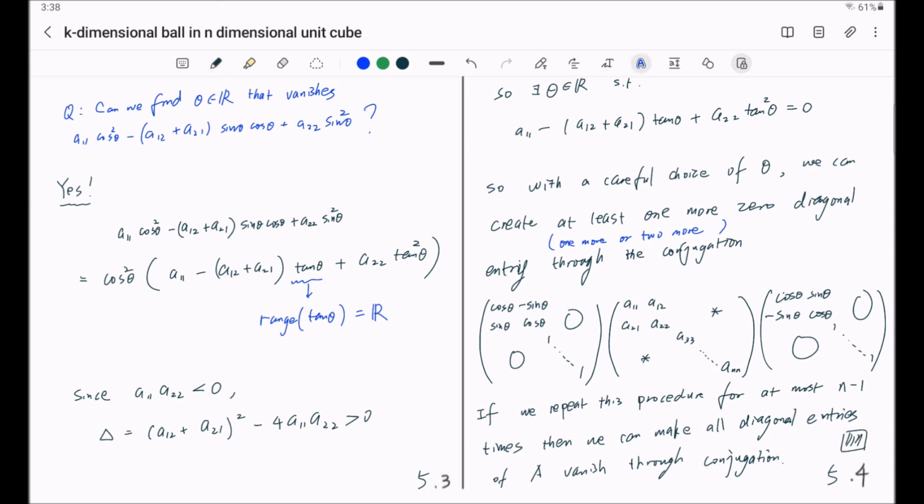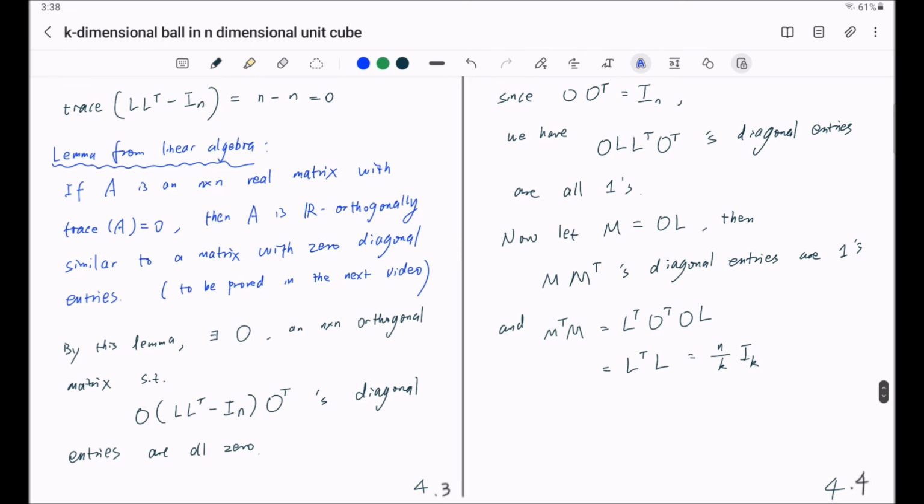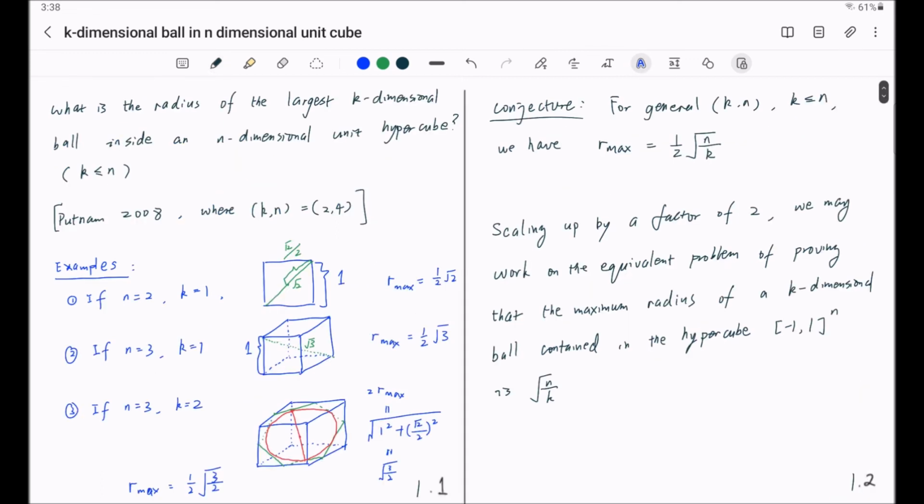And with the help of this lemma, we finally finish step number 3, and thus the solution to this question: finding the radius of the largest k-dimensional ball inside the n-dimensional unit hypercube. The largest radius is 1/2 times the square root of n over k. We scaled by a factor of 2, and we need to scale it back by multiplying by 1/2. So we are done.